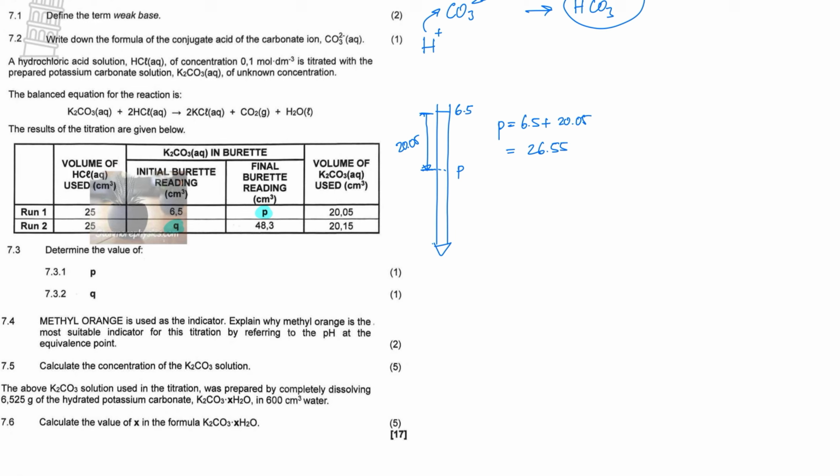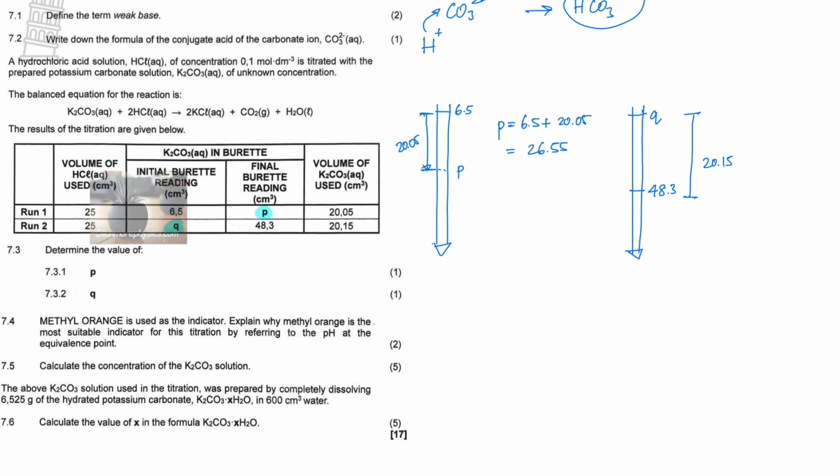And likewise for Q, if you draw another burette here, we are starting at Q, we don't know what Q is, and we know we are ending at 48.3. We know the volume that was dispensed, so from here to here is 20.15.